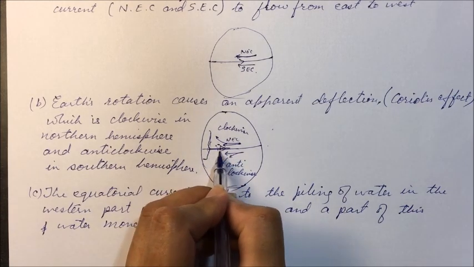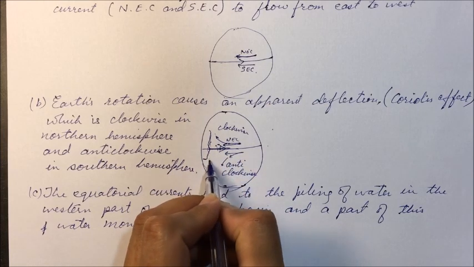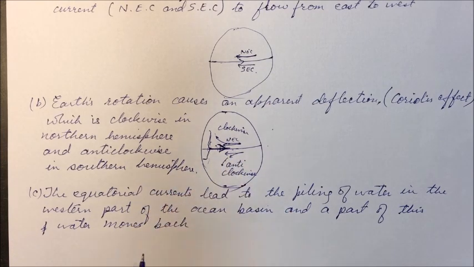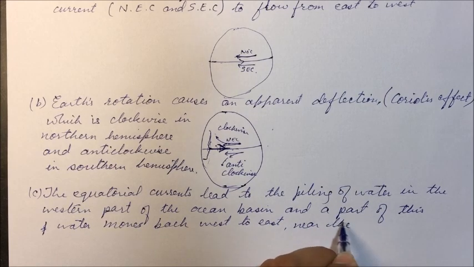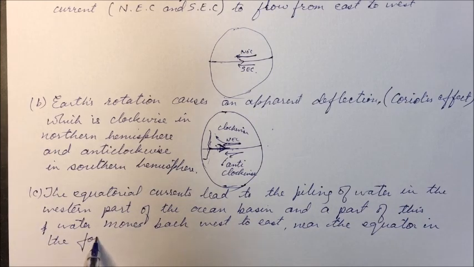So a part is deflected in clockwise direction, the other in anti-clockwise direction, and a part of it moves back from west to east near the equator in the form of the counter-equatorial current.